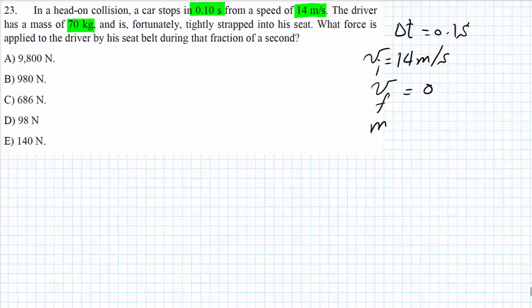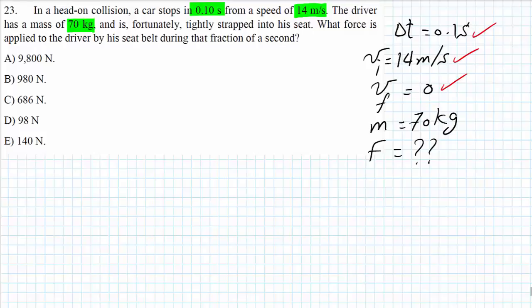The mass of the driver is 70 kilogram, and we need to find the force from the seat belt on the driver. We can solve this problem by two methods. The first method is from the time and the initial speed and the final speed, we can get the acceleration, and then we use Newton's second law, force equals mass times acceleration. Let's try this one.